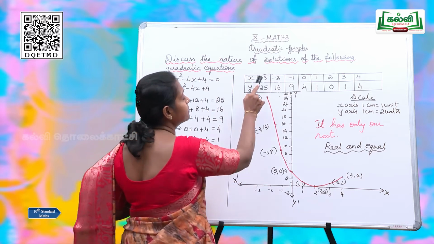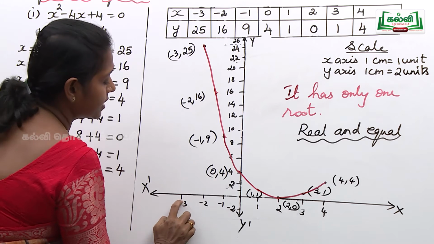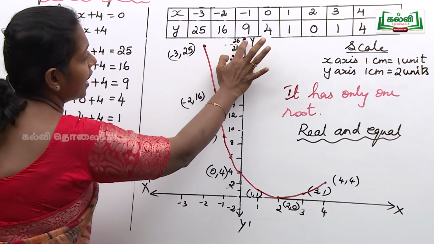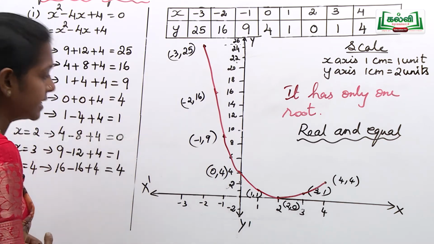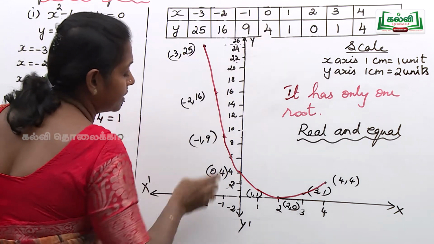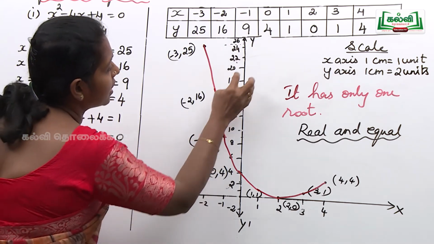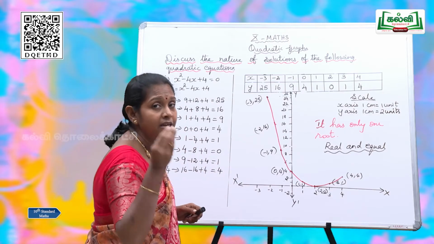Next, I am just going to apply this. Minus 3 and 25. So, trace out x-axis minus 3 and y-axis 25. It will be here. Next, minus 2 and 16. So, minus 2, 16. Next, minus 1, 9. So, on x-axis minus 1, on y-axis, where is 9? There is no 9. It is not marked. That is understood.